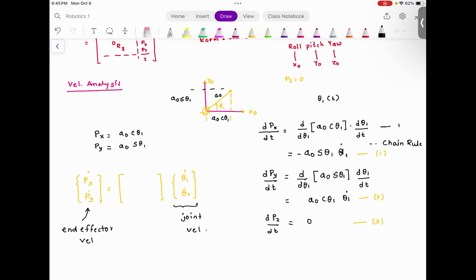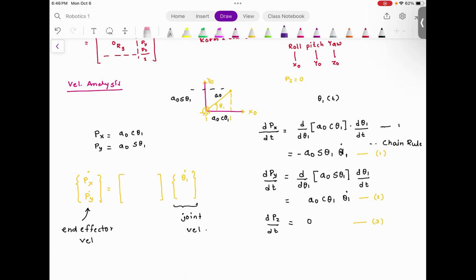This is called the end effector velocity. And please note, extremely important, there is only theta 1 here, sorry. So check this out.